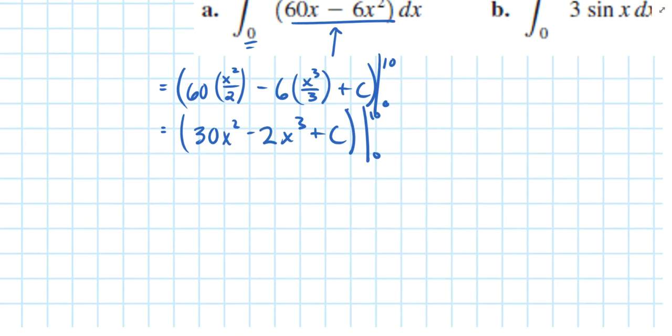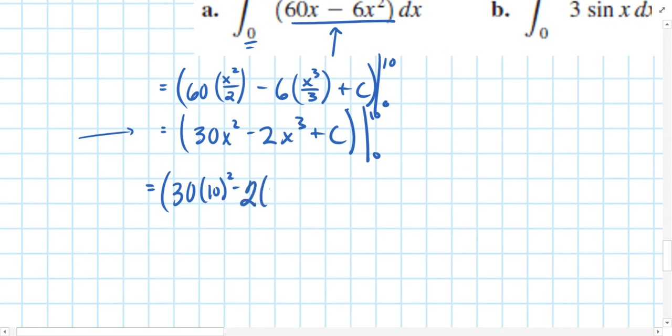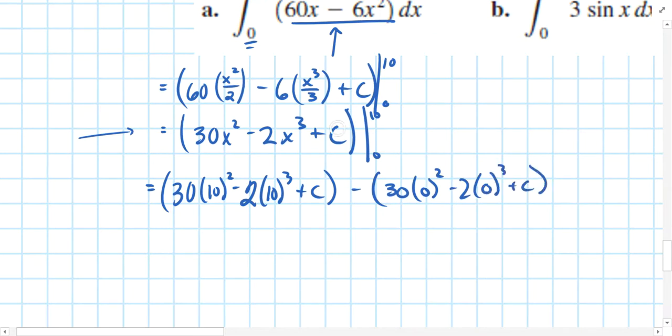And just to be abundantly clear, I'll show all of my work this time. So this shorthand notation implies that we're taking 30 times 10 squared minus 2 times 10 cubed plus c, and we're subtracting from that 30 times 0 squared minus 2 times 0 cubed plus c. Now, even though c is some arbitrary constant, it is a single value within the problem.